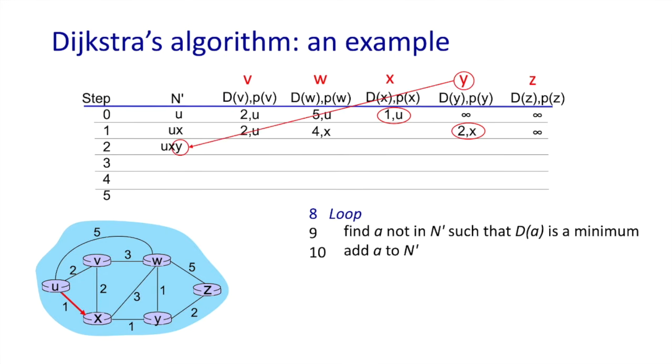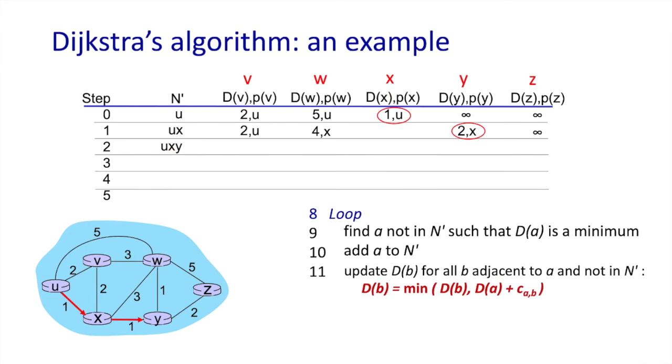Now we move on to the update step, given that we've added Y into N prime. This is step 11. What we want to do again here is update d sub B for all B that are adjacent to Y in this case, and not yet in N prime. You see the update formula here. Well, let's take a look at Y. We just added Y in, and Y has 2 neighbors that are not yet in N prime.